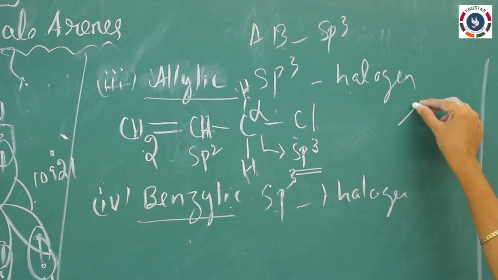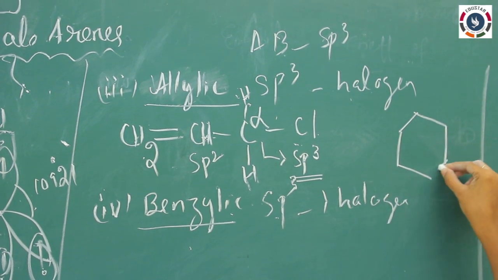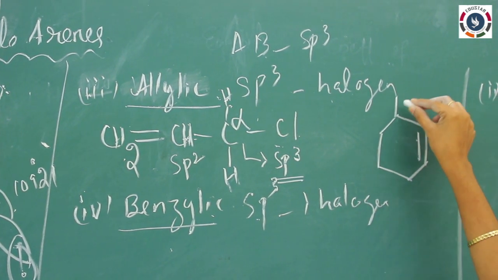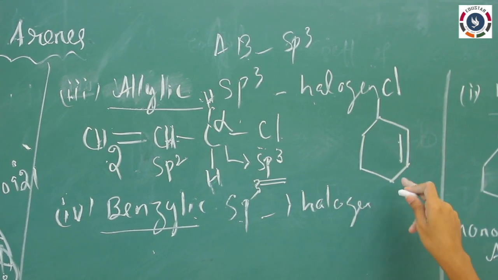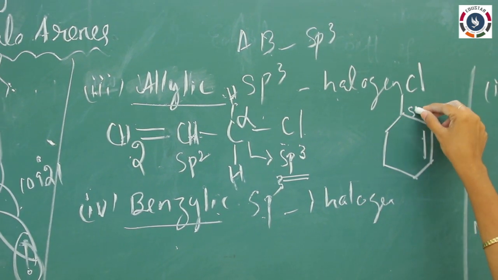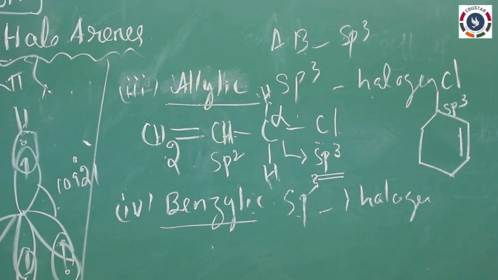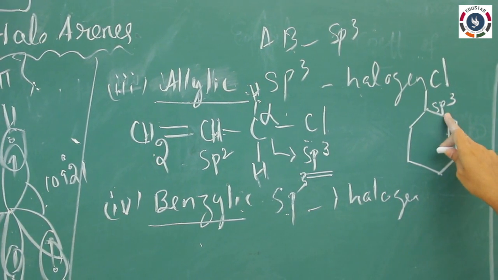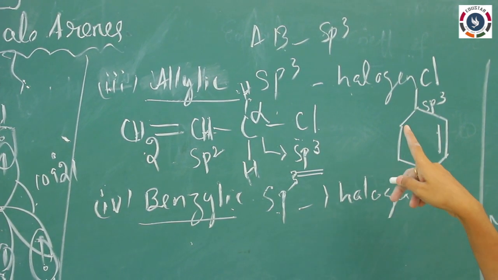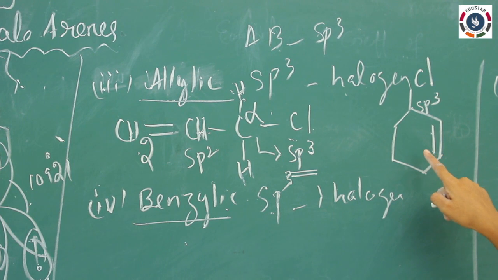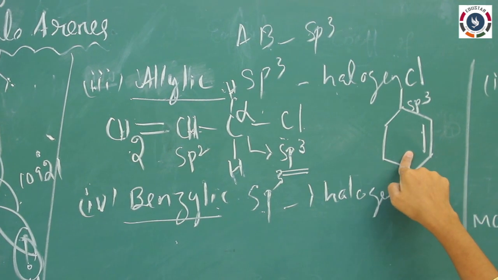We can draw this structure for an arene group also. Here this is the sp3 hybridized carbon. Remember, I am not drawing any benzene ring. This is just a cyclohexane, right?